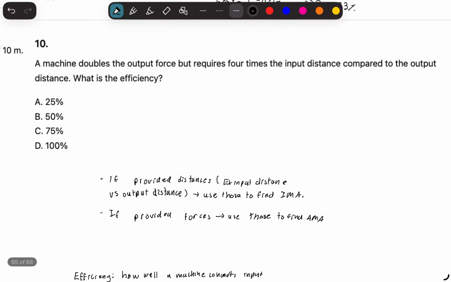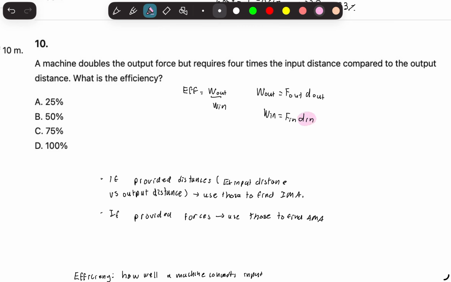A machine doubles the output force but requires 4 times the input distance compared to the output distance. What is the efficiency? So your efficiency is going to be measured as your work out over your work in. Your work out is equal to your F out times your D out. Now for work in, that's going to be F in times D in. And we can substitute in our expressions here.